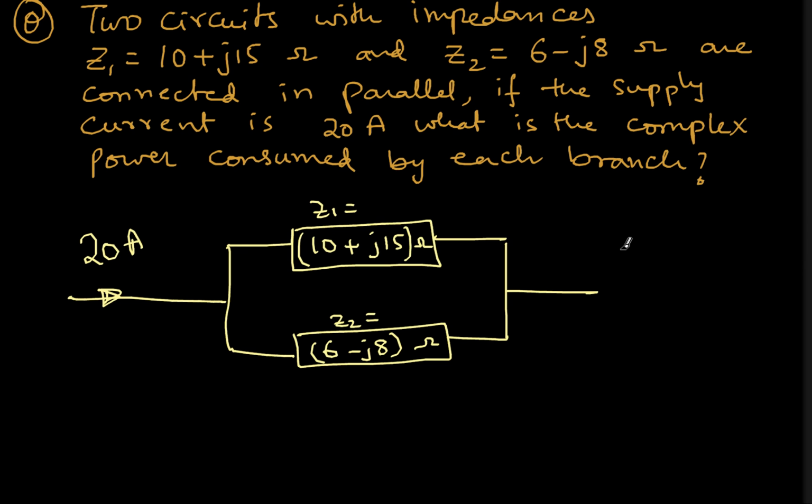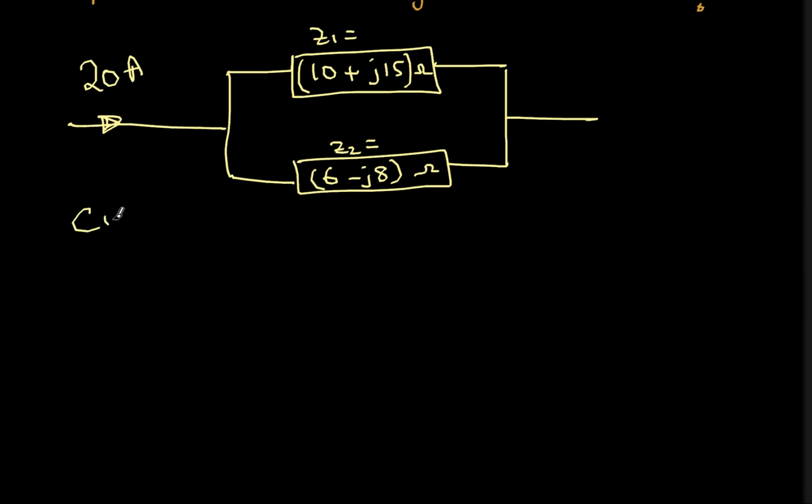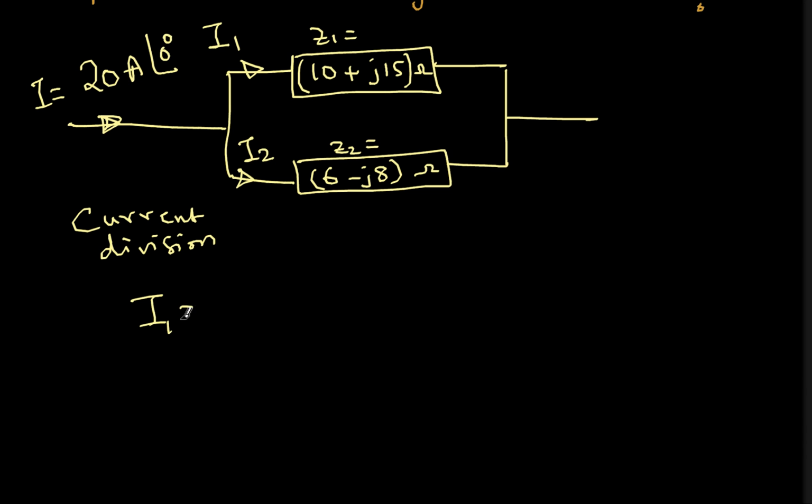So in order to do that, first I will do the current division principle. So let's call this I equal to 20 at 0 degrees. So this one let's call I1 and this one I2. So what is I1? I1 will be the opposite branch Z2, proportion Z2 divided by Z1 plus Z2.